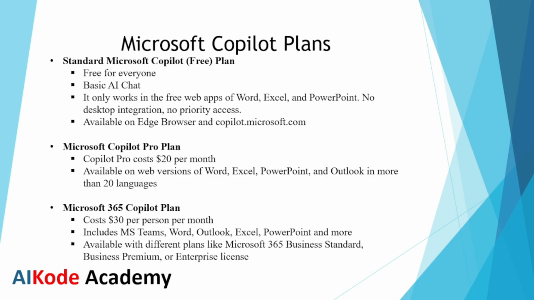Second one is Microsoft Copilot Pro. This one will cost you $20 per user per month. Here you will get priority access to GPT-4 Turbo, so it's faster and more reliable. You can unlock the Copilot inside the desktop apps like Word, Excel, PowerPoint, Outlook, and OneNote.